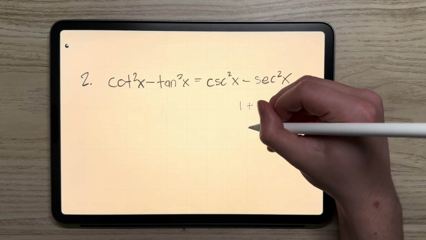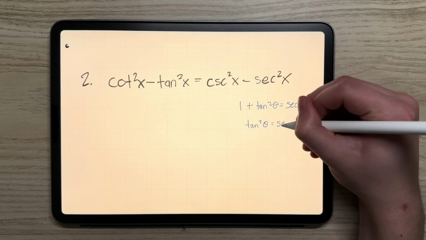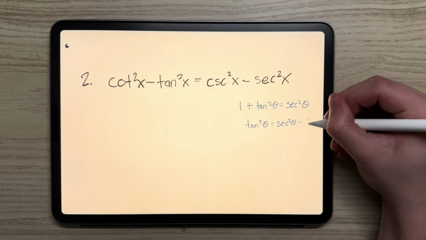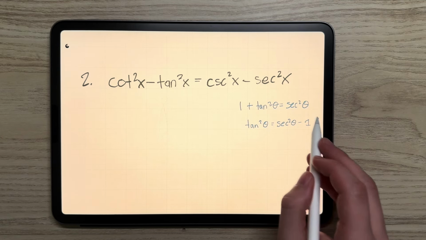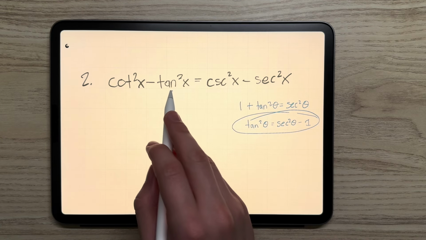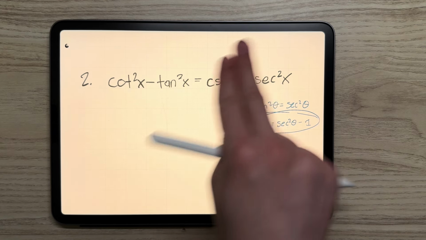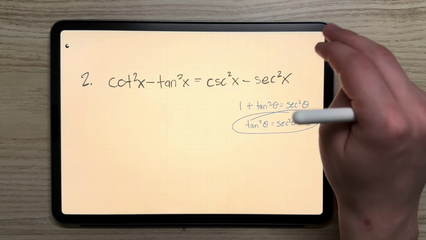And that means tangent squared theta is equal to secant squared theta minus 1. What we're going to do is substitute this in for tangent squared and try to change this so that we get what's on the left.